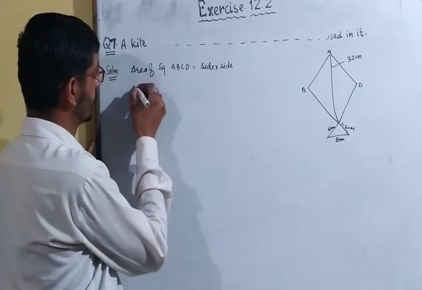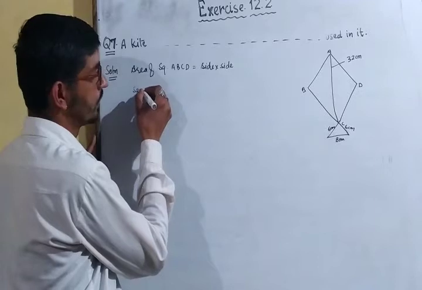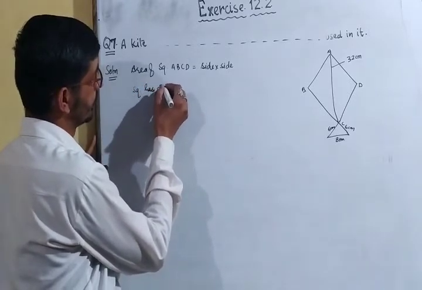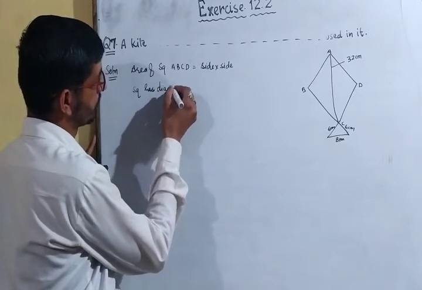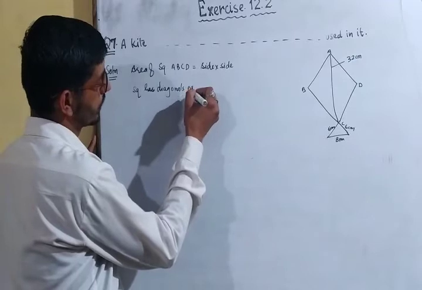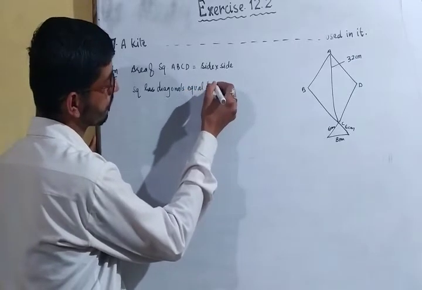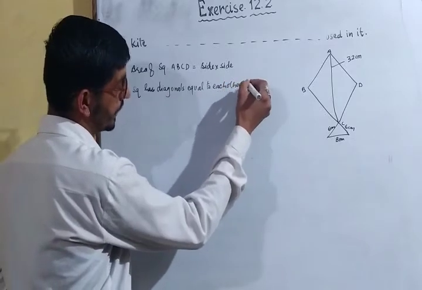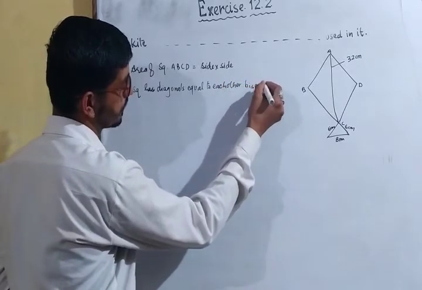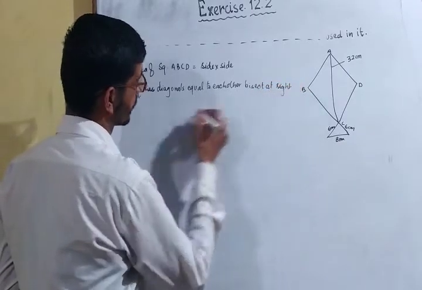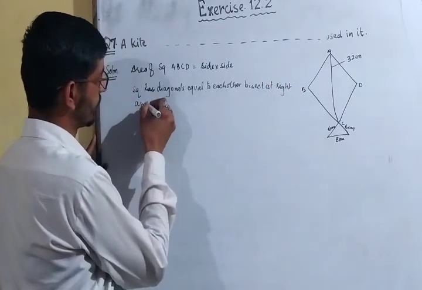But we know that a square has diagonals equal to each other and bisect at right angle.